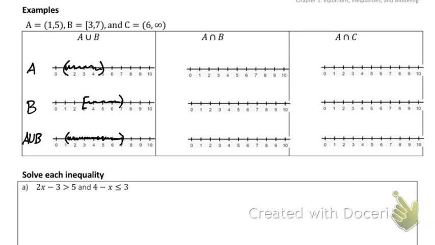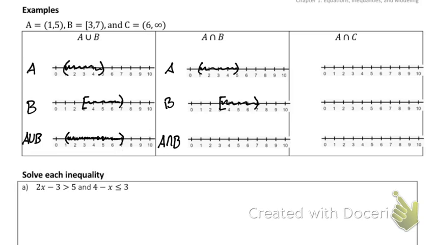All right, our next one is an intersection. That is A intersects B. Our A and B aren't going to change, so let's redraw those graphs. Our A goes from 1 to 5 with parentheses. Our B goes from 3 to 7 using a bracket on 3 and a parenthesis on 7. A intersect B is where these two things overlap.